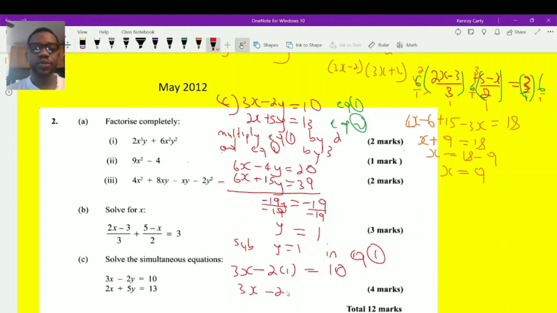All right, let me just take it over the side here. Carry over the 2, it's negative, so it comes over as a positive, right? 3x equal 10 plus 2. So 3x equal 12, and I divide both sides by 3. x equal to 4. So therefore, x equal to 4 and y is equal to 1. And that's the end of it.